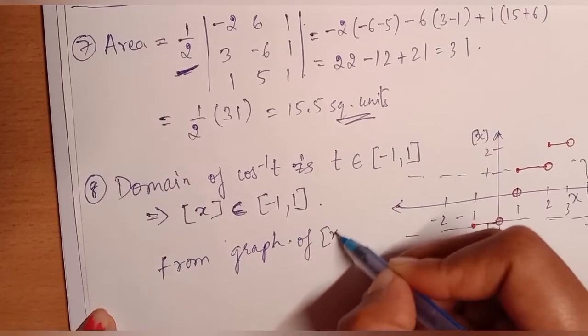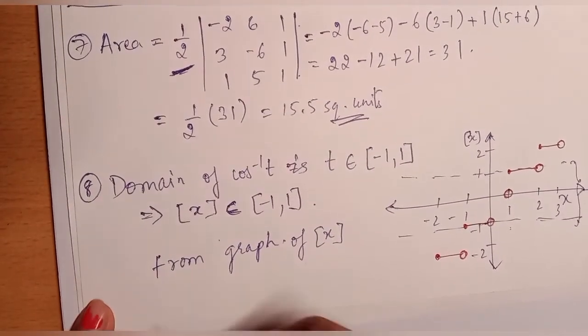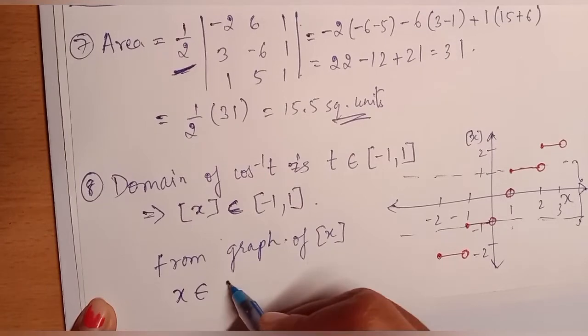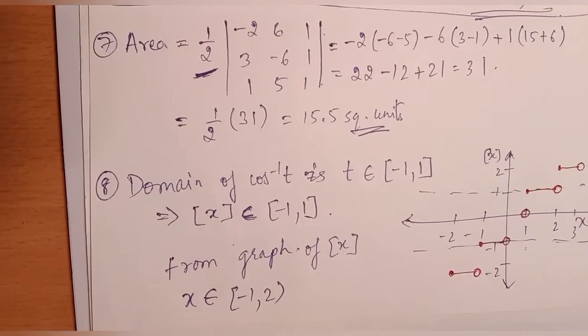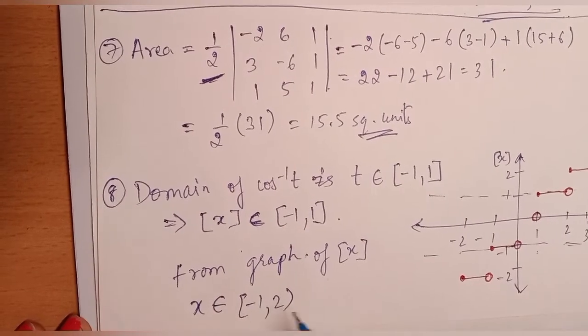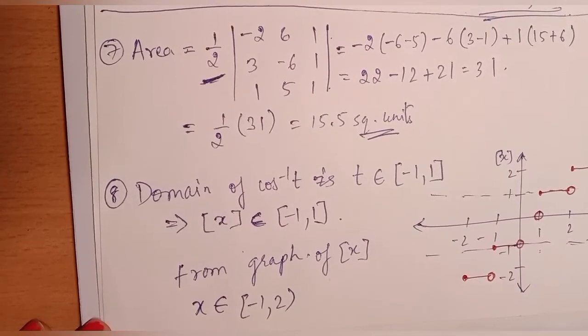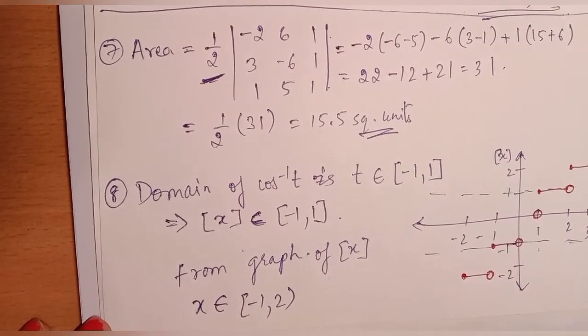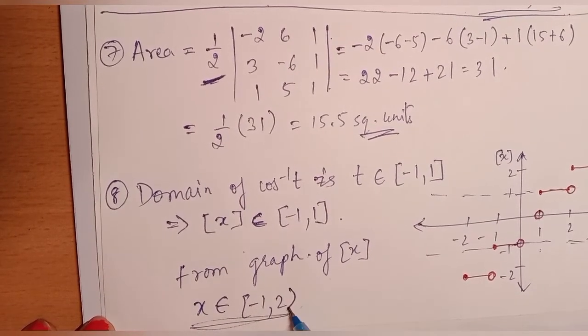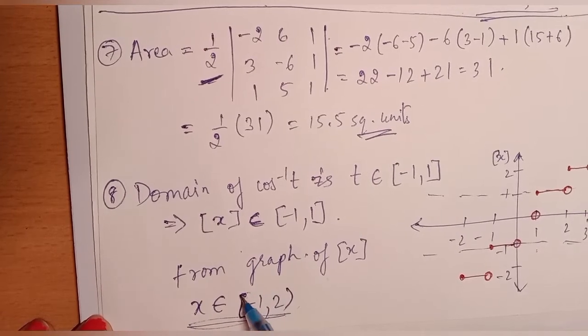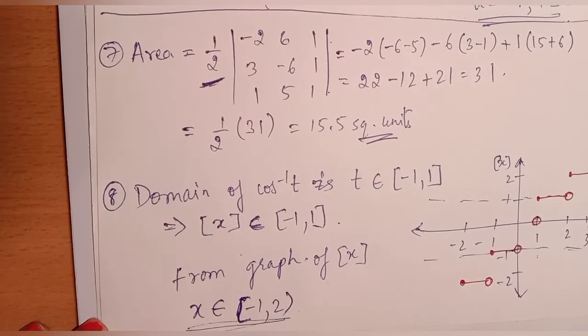Of GIF of x, x belongs. So we get that x belongs from minus 1 to 2 in a cos inverse function because 2 is open and 1 is closed. Minus 1 is closed. This is very important.